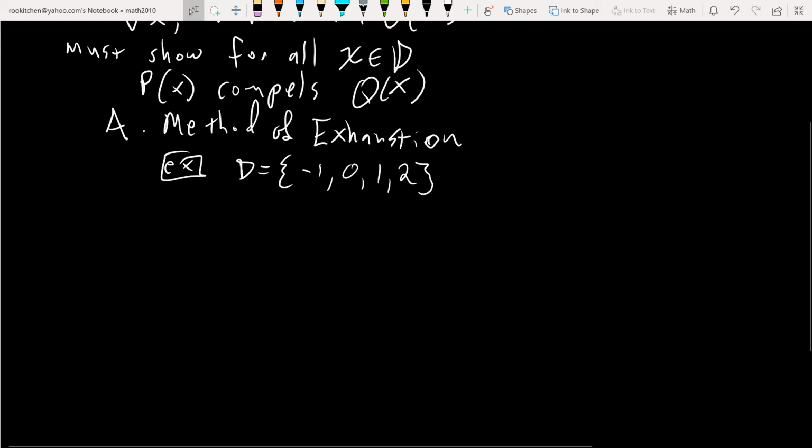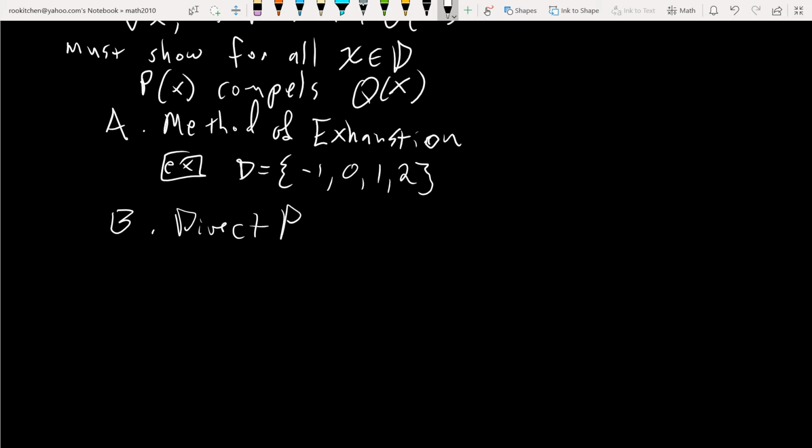So when you're dealing with an infinite set or an infinite domain, what you're going to have to do is something called a direct proof. And direct proofs are, in my opinion, the bread and butter of mathematics.